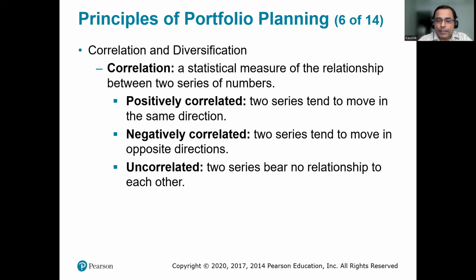Correlation is a statistical measure. So it gives us an idea of the relationship between two variables. Positively correlated means the two variables move in same direction. Negatively correlated means the two variables move in opposite directions. And uncorrelated means there is no relationship between the two variables.